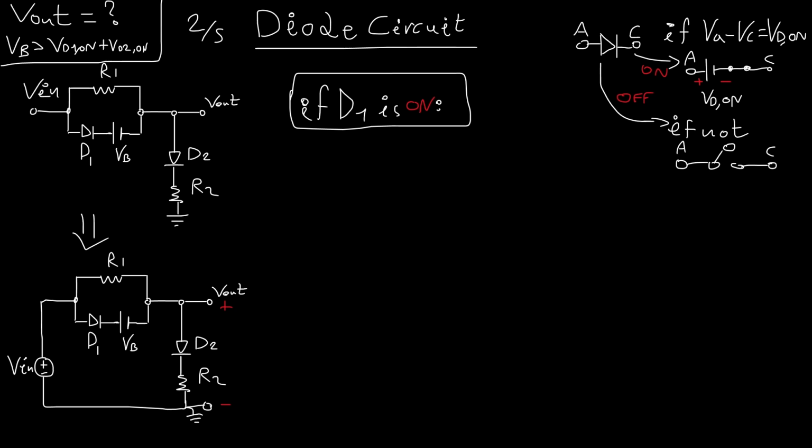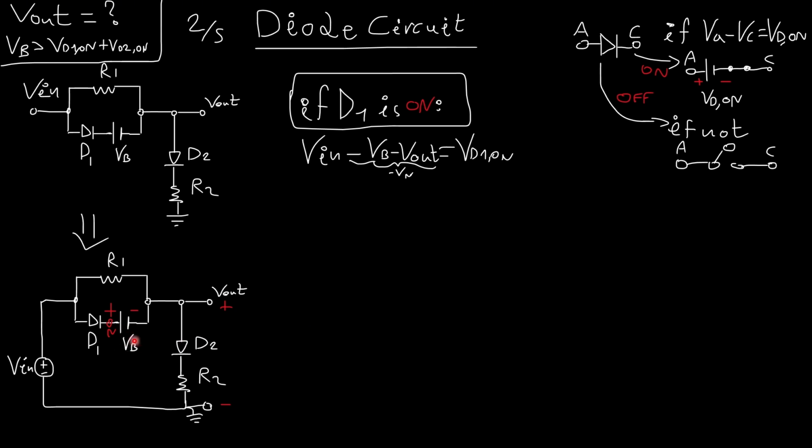Alright, now, what if D1 was on? Well, in that case, if I name this node N, I would say that in order for the diode to be on, it would satisfy one condition. Vin minus Vn should be equal to Vd1 on. How much is Vn? Vn is Vb plus Vout. Therefore, Vin minus Vb minus Vout.